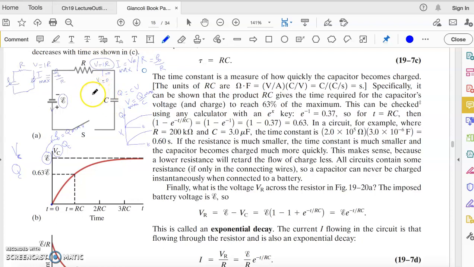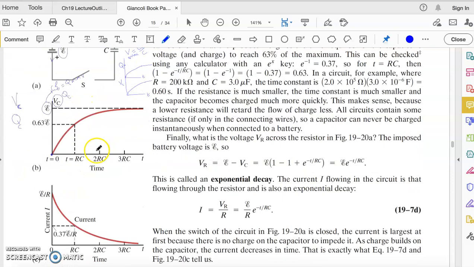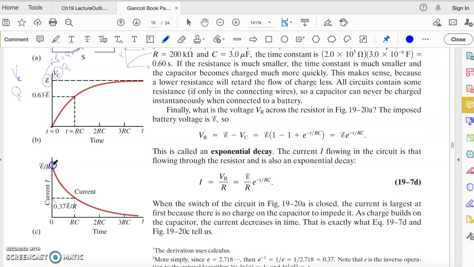No matter how long you keep it on charging, there will be no more charging and no current flowing in the circuit anymore. So the current starts from maximum, which is epsilon divided by R. This is Ohm's law again. So this is the maximum current.